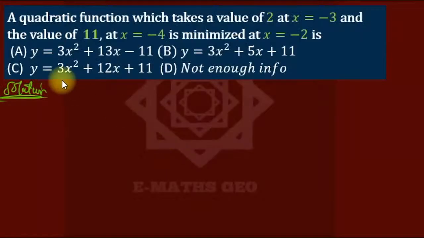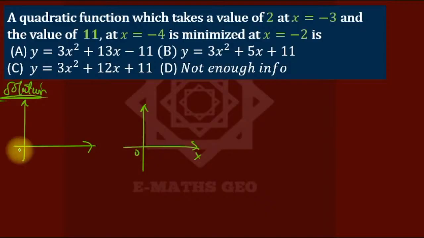A quadratic function which takes a value of 2 at x equals -3 and the value of 11 at x equals -4 is minimized at x equal to -2. Find the function. So the first thing we have to know is that every quadratic function, whether concave up or concave down, okay, let me draw two different curves.